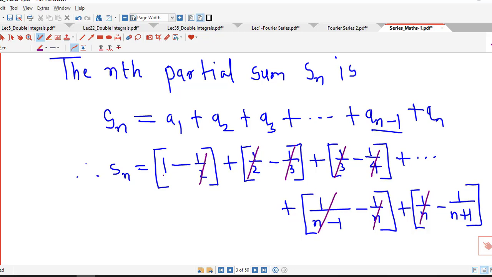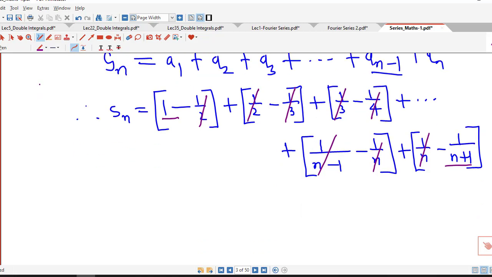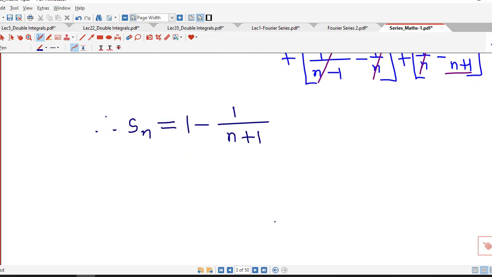So we are left with 1 and minus 1 by n+1. So our nth partial sum is simplified so that we can easily decide its limit. So S_n is 1 minus 1 over n+1.